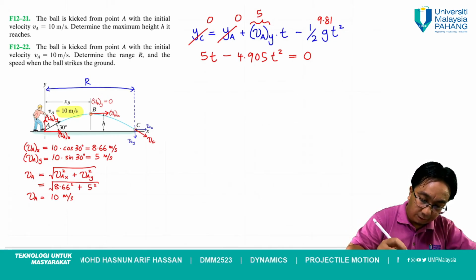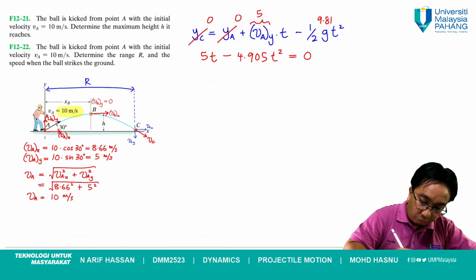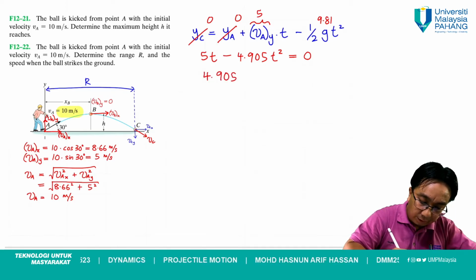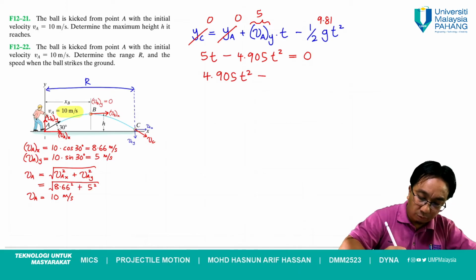So nanti kita akan dapat 4.905 t square is equal to 5t.